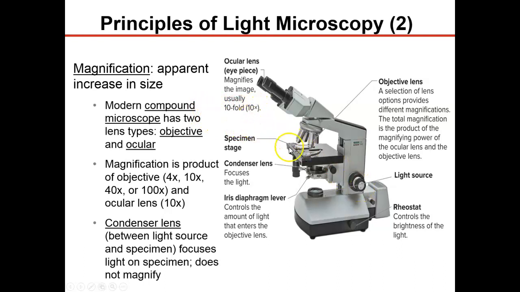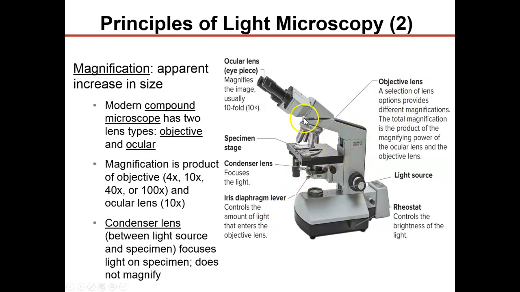So if the image is 1 millimeter, then when you look under the ocular lenses alone, you would see it at 10 millimeters because it magnifies by 10 times. The stage is where we place our slides. These little graspers are what hold the slide in place.